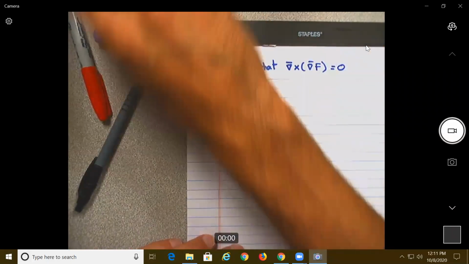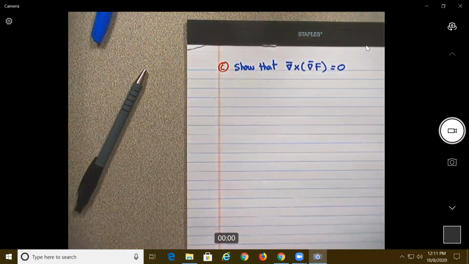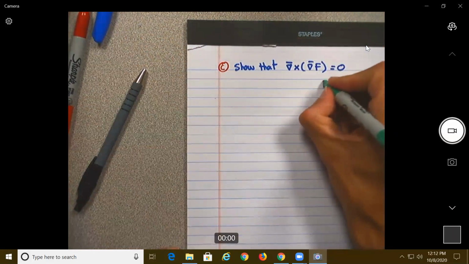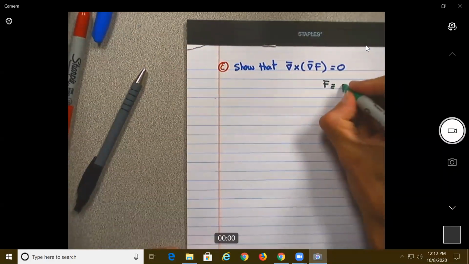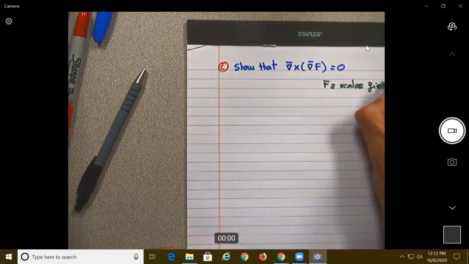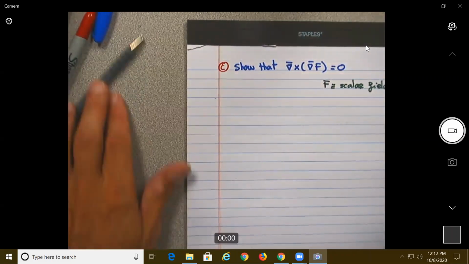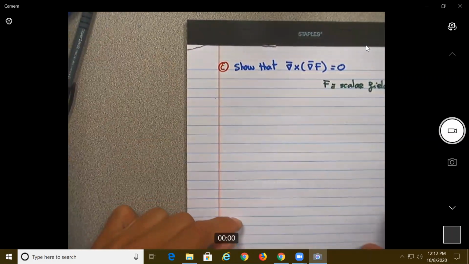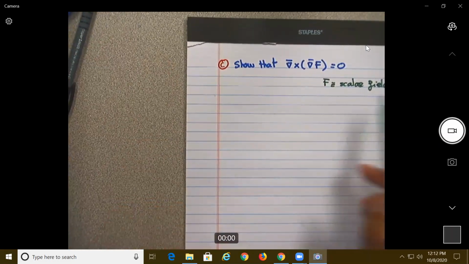Here what they mention is that f is a scalar field. If you had ME501, this is one of the expressions you need to prove. So anyway, what is a scalar field?